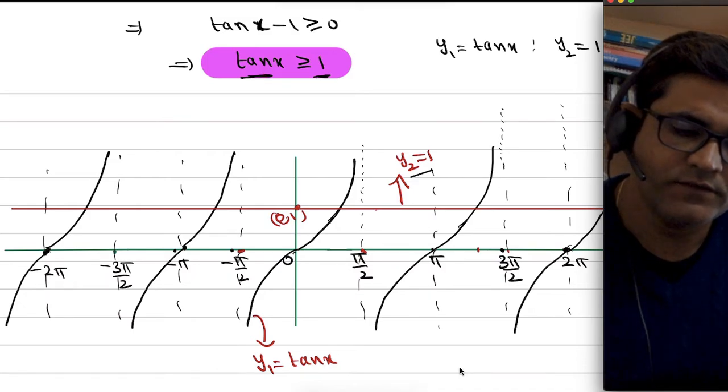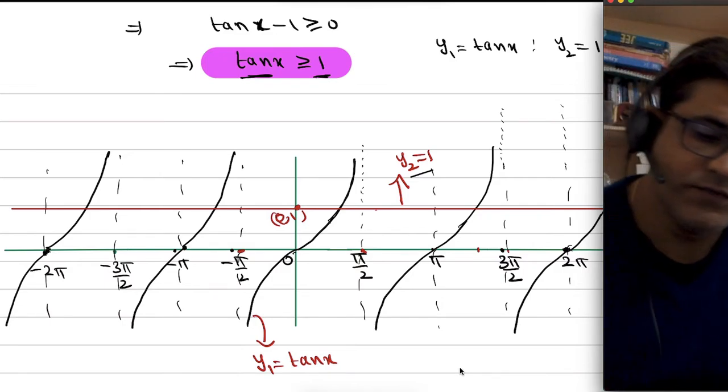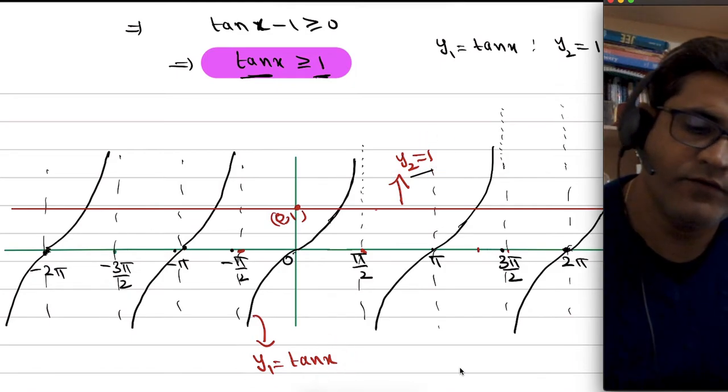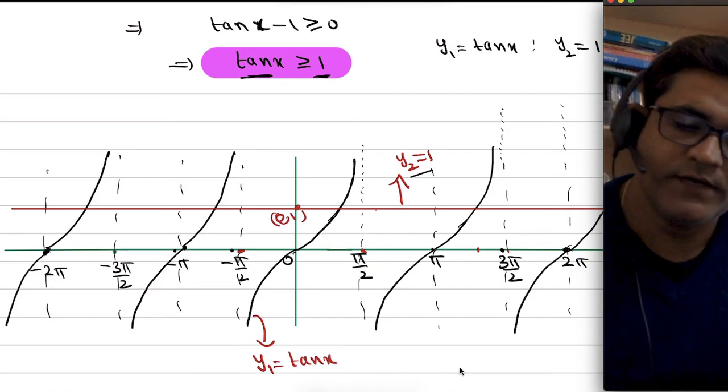That is our requirement initially. For that, first you solve where y1 equal to tan x and y2 equal to 1 intersect, between minus pi by 2 and pi by 2. This is the point we need to find.